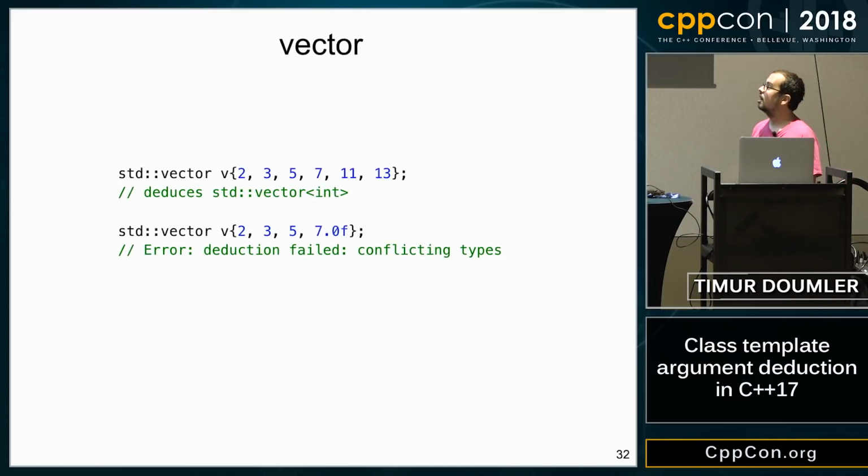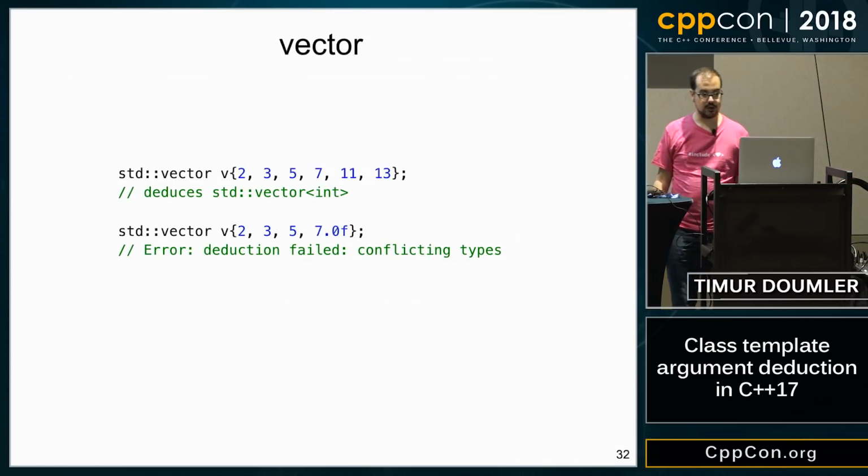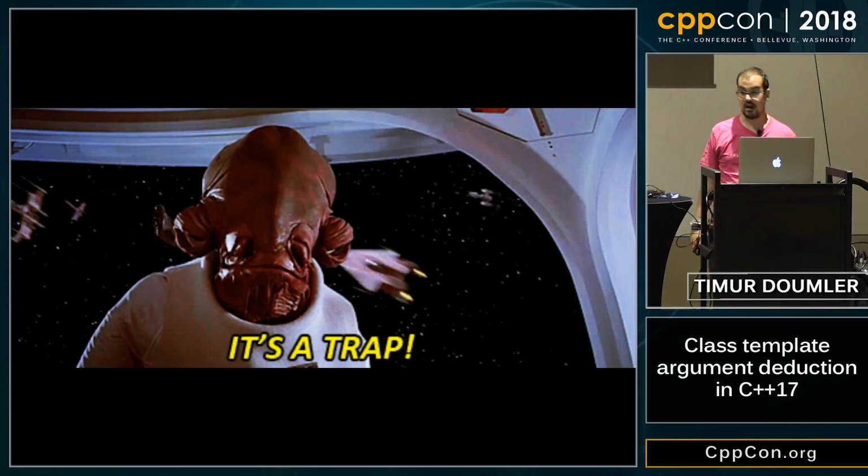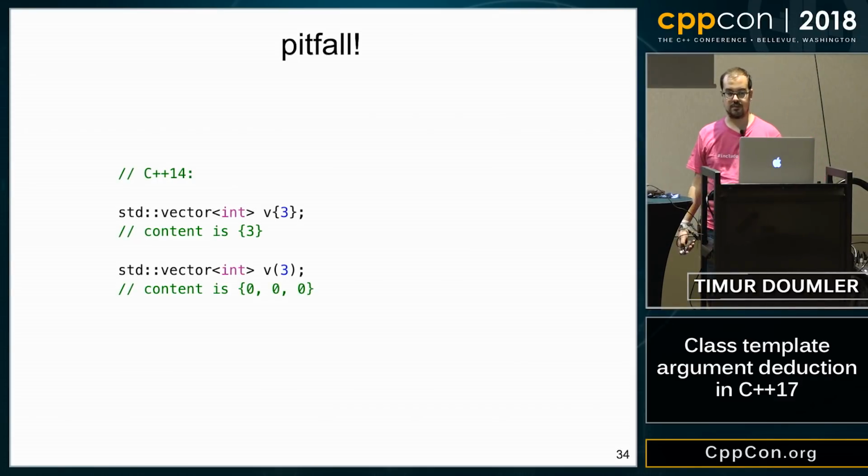Vector. CTAD works nicely with vector and all the other containers. So now you can just give vector an initializer list, and it's going to deduce the type of the vector from that initializer list. Also, if you give it conflicting types in there, it's going to give you an error. So that's really cool. There's one particular trap with vector, which is not really a new trap. It's an old trap.